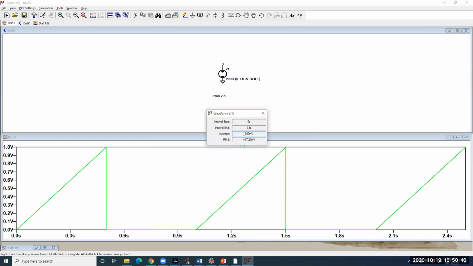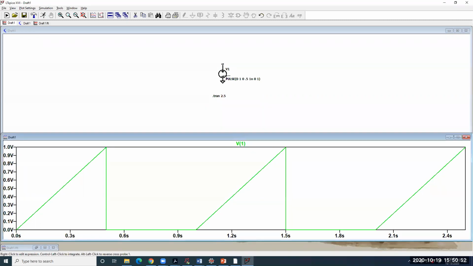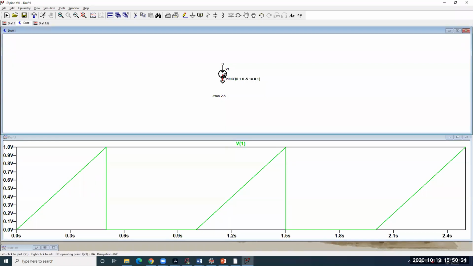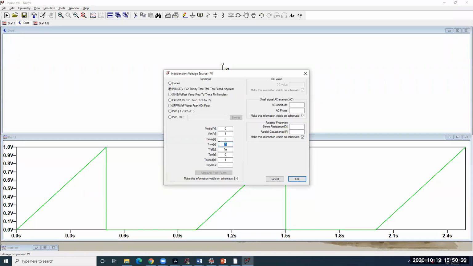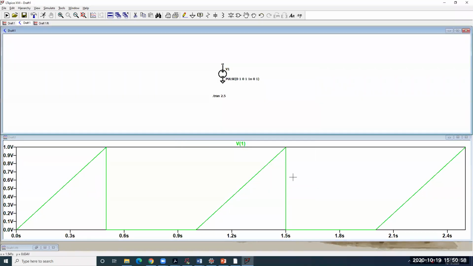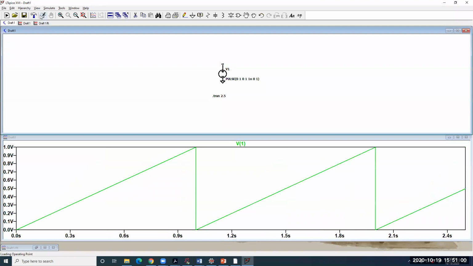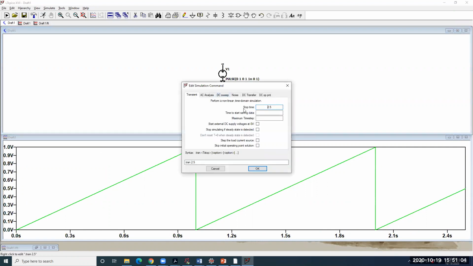So the average is 0.3. But if I took a second to rise, oops, violated my own rules.